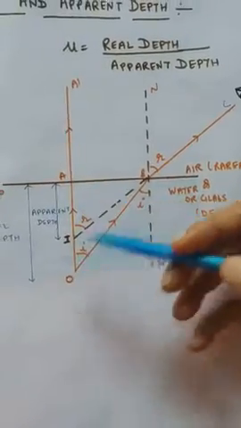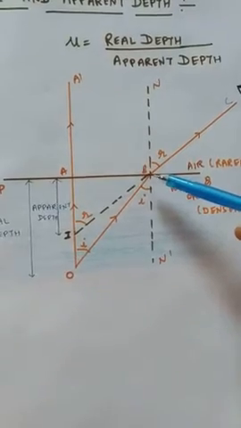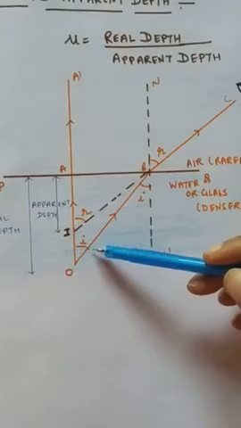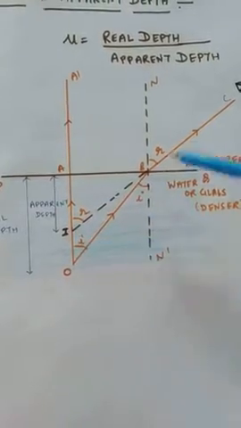How? AO and BN dash are parallel lines, so OB is a transversal line. Because of that, angle OBN dash and angle AOB will be equal, which is equal to I.